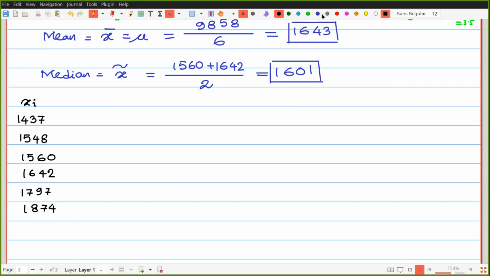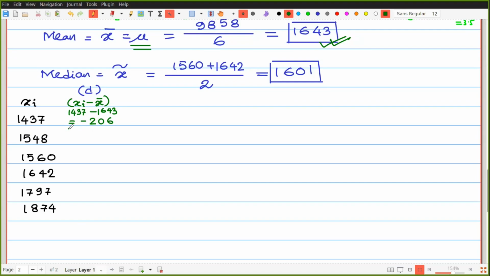Next column would be the deviation, that means the D, and for that we are writing xi minus x bar, that means the mean. So suppose the very first one, very small, like 1437 minus the mean 1643. So that one is equal to minus 206. Look, minus is there. There would be no problem.